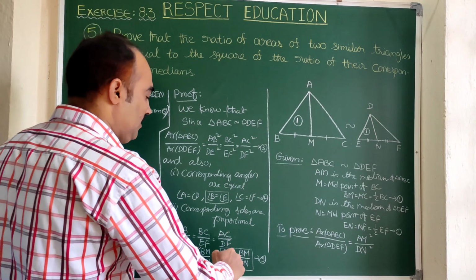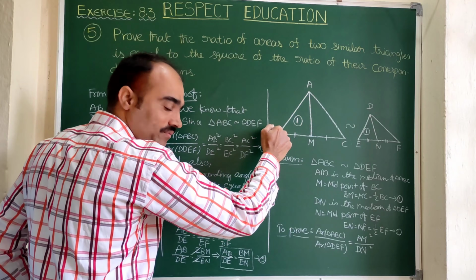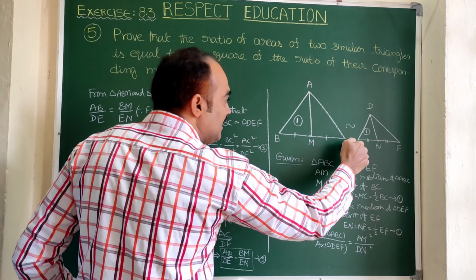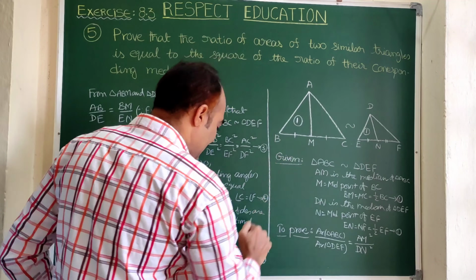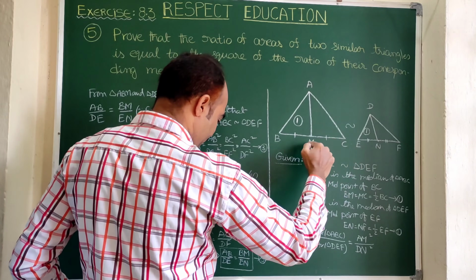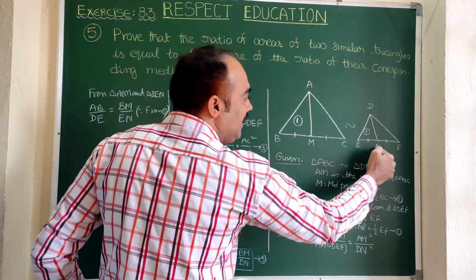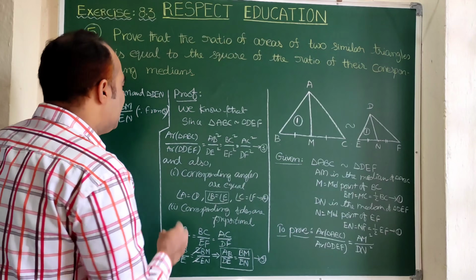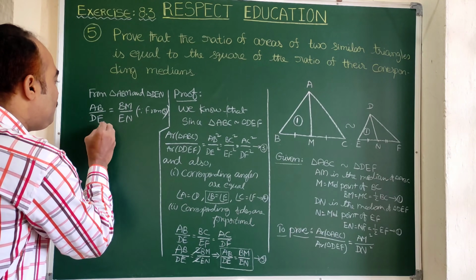That means AB by DE, these are corresponding sides, is equal to BM by EN, these are also corresponding sides. That means corresponding sides are in proportion.